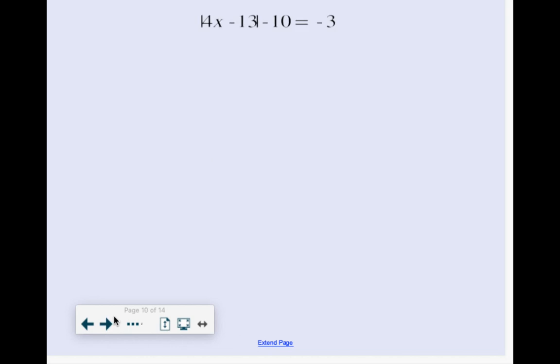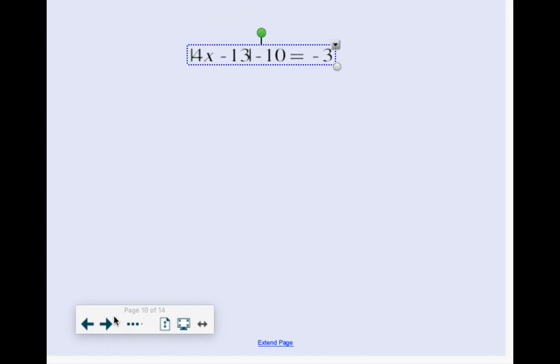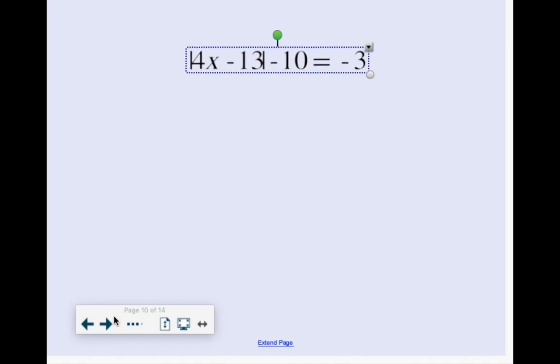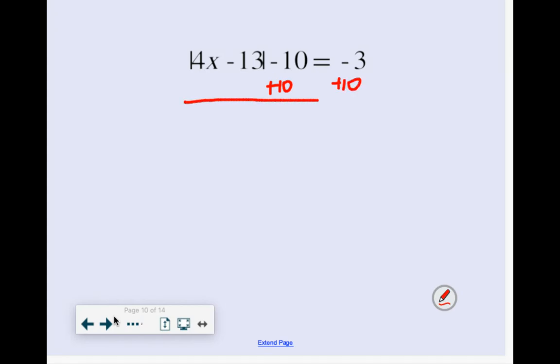Be careful though, because just because you see a negative on that side doesn't mean it's still going to be there after you isolate it. Okay, so if you notice on this one, it is equal to negative 3, but there's this negative 10 hanging around outside, and once I move it over like it's supposed to be, negative 3 plus 10 is positive 7.